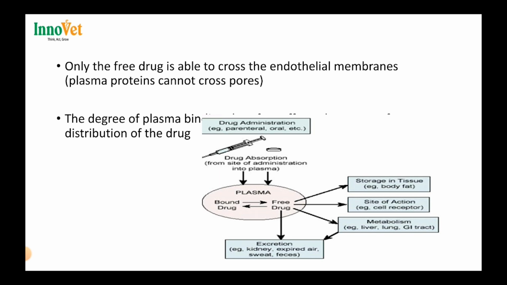After metabolism, let's say from the liver, this drug will then undergo excretion, for example in the kidney, in expired air, in sweat, or through feces. So the free drug can also go directly into excretion, where it is not used to perform action, or it doesn't undergo metabolism.